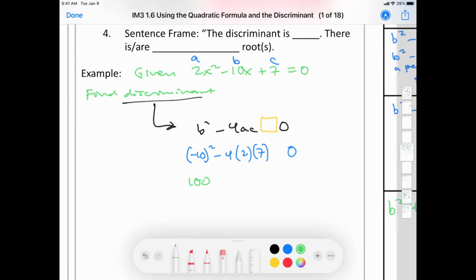Negative 4 times 2 is negative 8, and negative 8 times 7 is negative 56. And this would give us 44. So what inequality would you put here? Well, 44 is greater than 0.